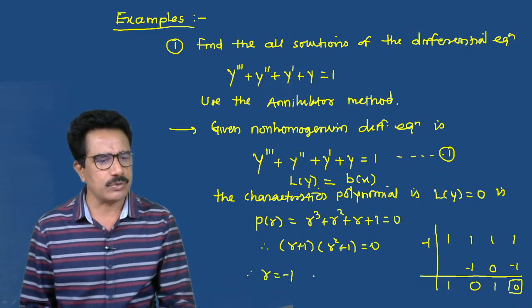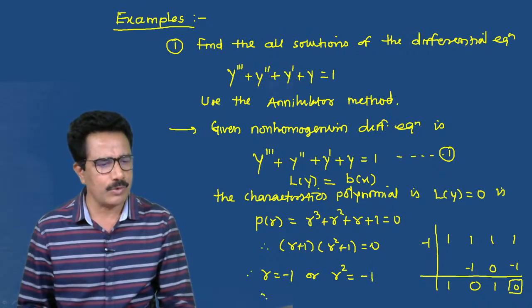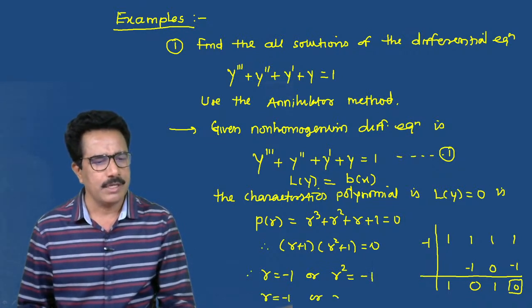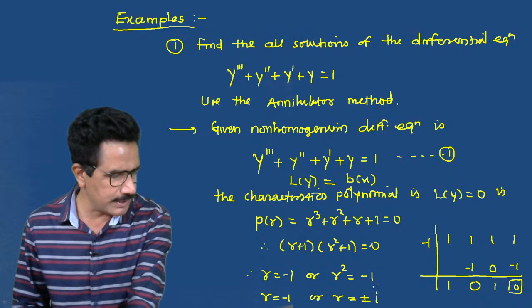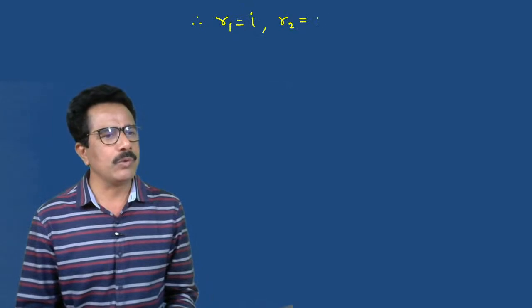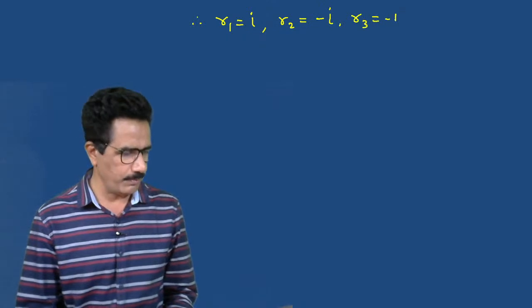So r equals -1 or r square equals -1. So r equals -1, r equals plus or minus i. Therefore there are different roots. The roots of this characteristic polynomial are unequal. So r1 is equal to i, r2 is equal to minus i, and r3 is equal to -1.